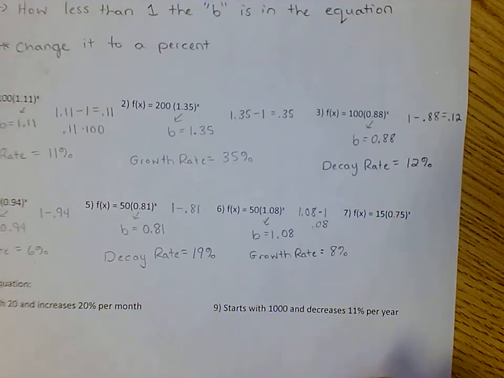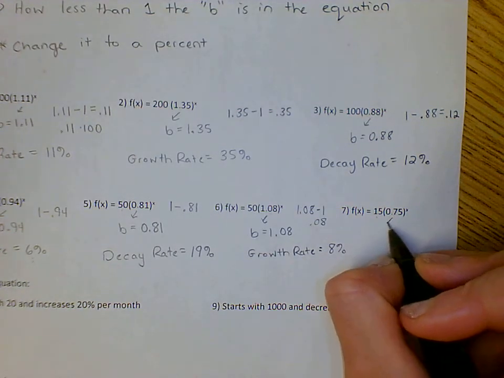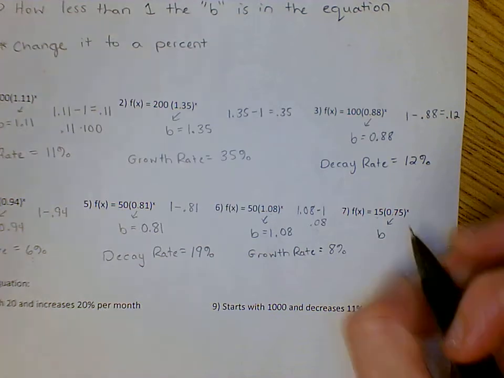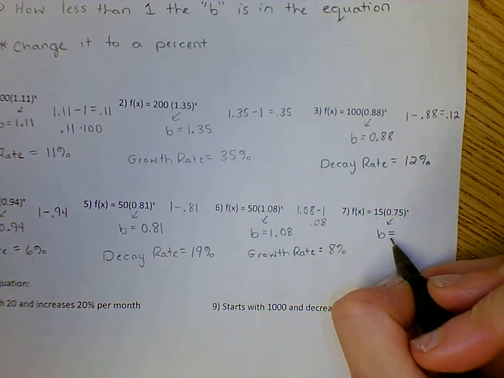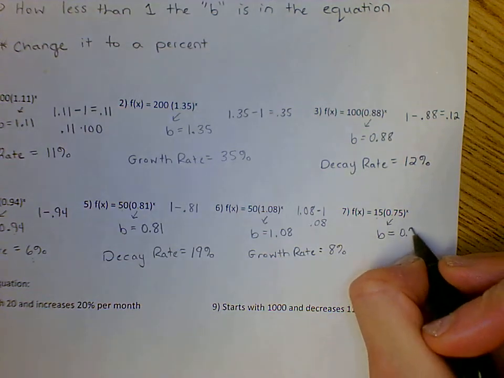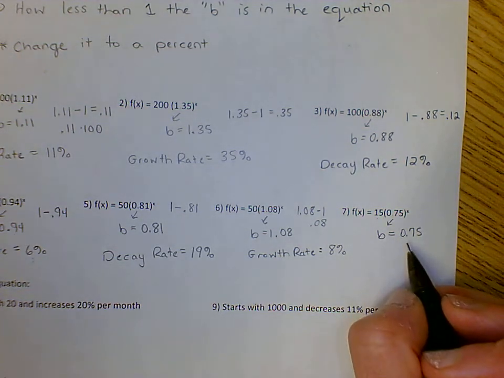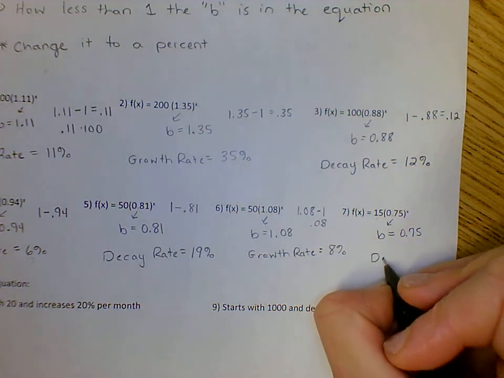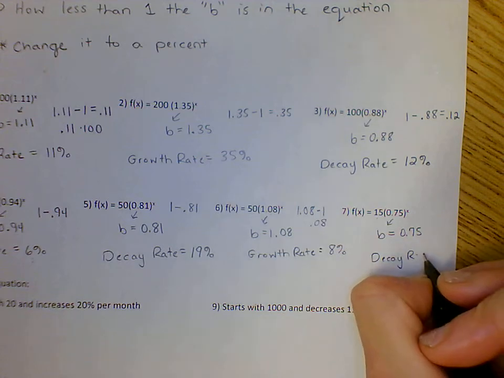Okay. Last one, started out with 15 of whatever it is. My factor, because we don't know if it's a growth or a decay yet, my factor is 0.75, so that's the number that I'm multiplying by. That number is between 0 and 1, so that means that this one's decaying. So that's the decay factor.